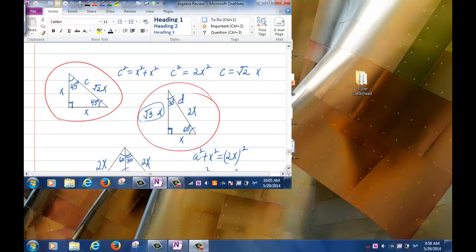Now, after that, we found some special values of these trig functions. So we found the values of the trig functions at angles 30, 45, and 60 degrees, right? So in order to find the values of the trig functions at 45 degrees, what did we do?